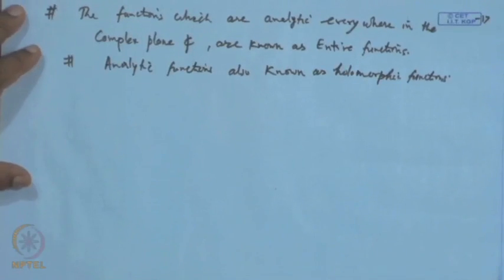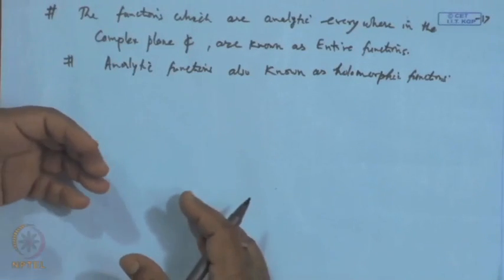Now, as we have seen, there are functions which are differentiable but not analytic, some functions which are differentiable only at some point and nowhere else, or differentiable at every point. Similarly, analyticity also. To test whether the given function is analytic, the derivative of the function must exist at the point z naught and in the surrounding of z naught.